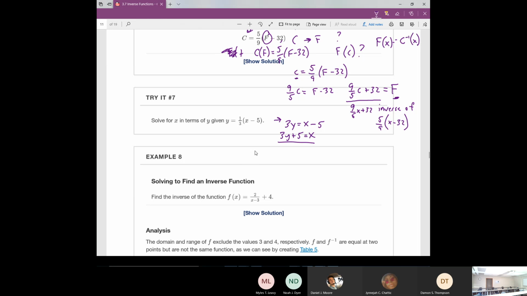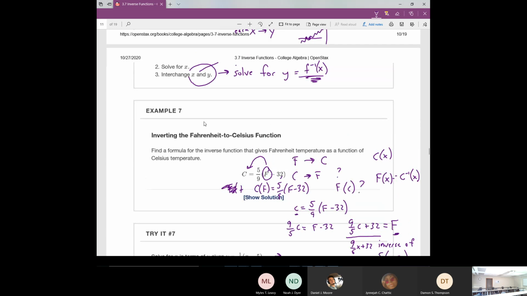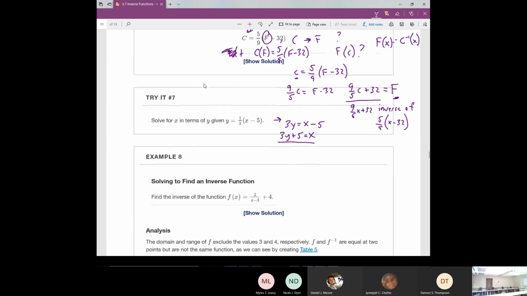And then, like we saw, once you do that, you just interchange x and y, and I have the inverse function. I have y equals 3x plus 5 is the inverse when f is 1/3 x minus 5.